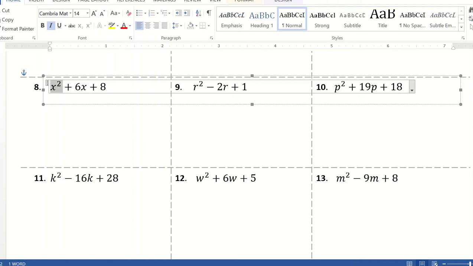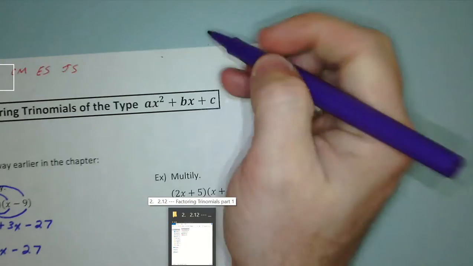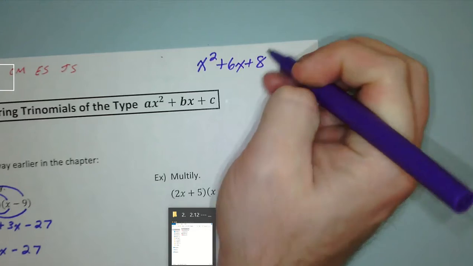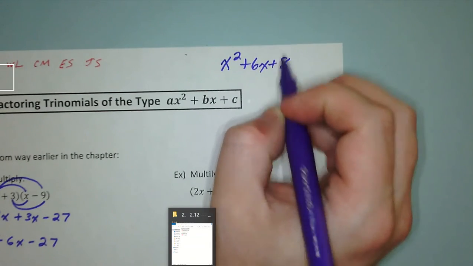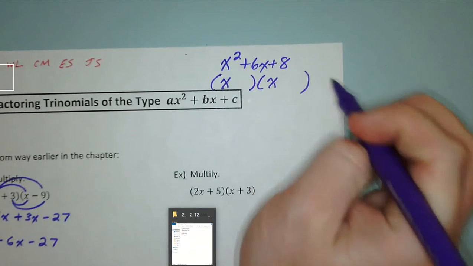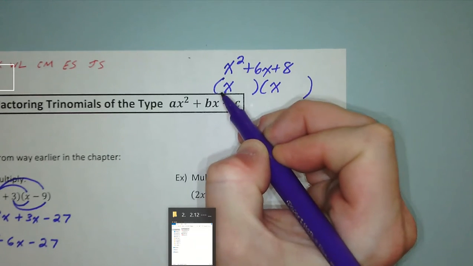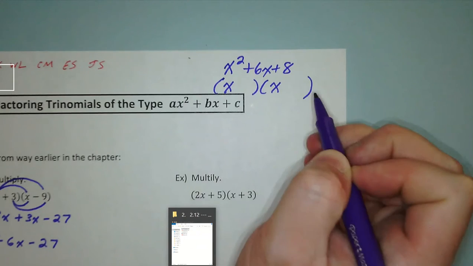I just got to write this down on my camera. For example, I'm going to go way up here. x squared plus 6x plus 8. This is from your homework. So if you look at this and go, okay, there's no GCF, your next idea, plan B, is to unfoil. And if that's just x squared, then don't these two bubbles have to start off with x and x? Yeah.